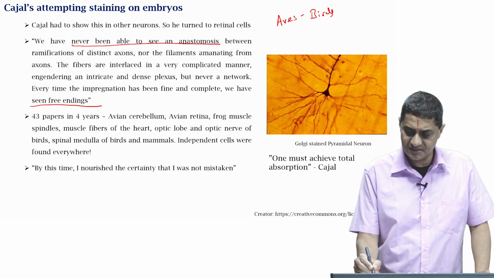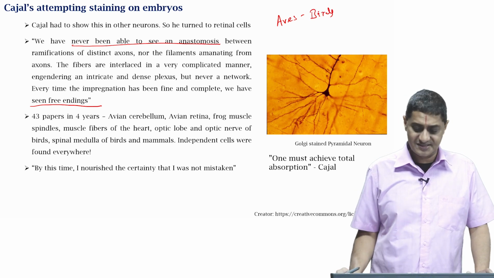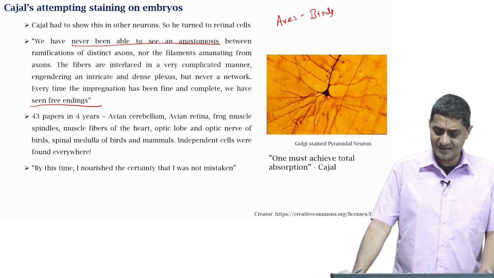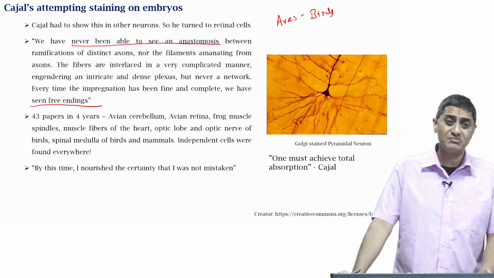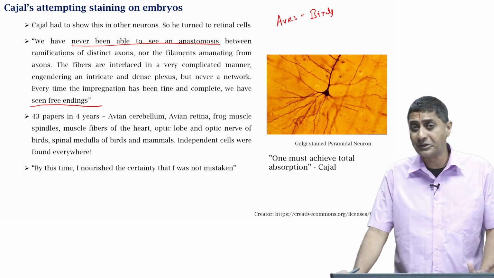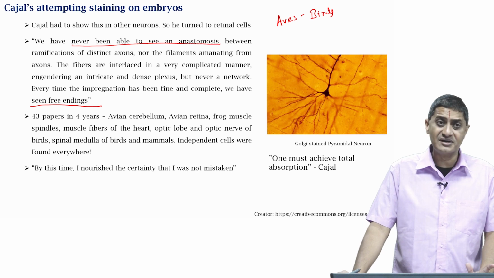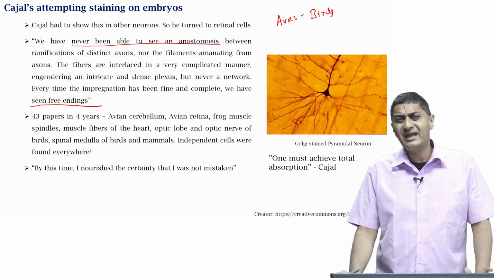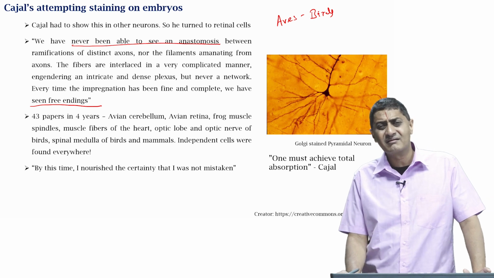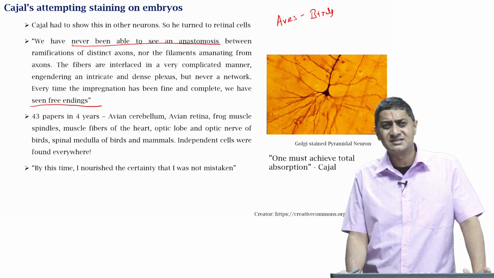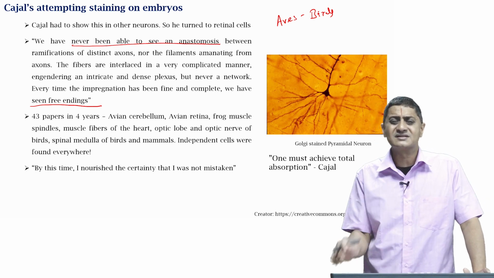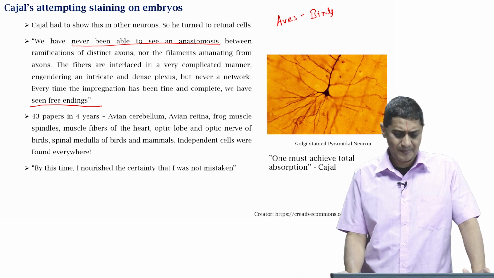Avian cerebellum means cerebellum of birds. Avian cerebellum, avian retina, frog muscle spindles, muscle fibers of the heart, optic lobe, optic nerve of birds, spinal medulla of birds and mammals. Everywhere he saw only independent cells. Not in one place did he see networks.